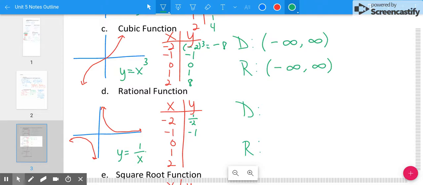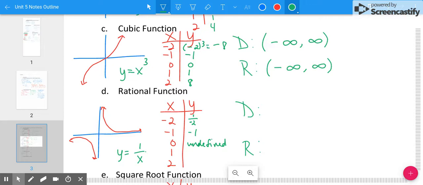What happens when we plug in 0? Well, 1 over 0, think about it for a second. If you said undefined, you were correct. If you said 0 or 1, double check your thoughts there. When we divide by 0, that's an error for us.